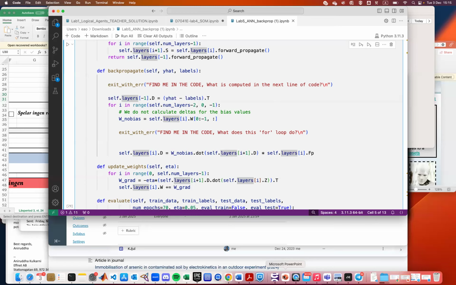Later on, well, it is a gradient. So let's start.